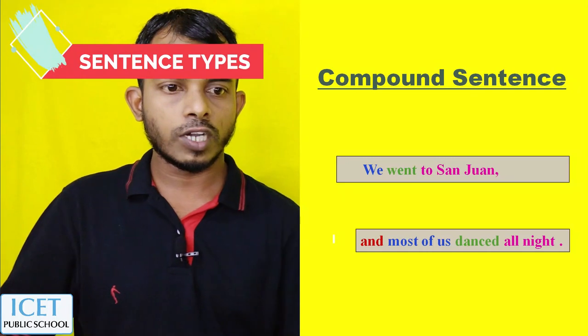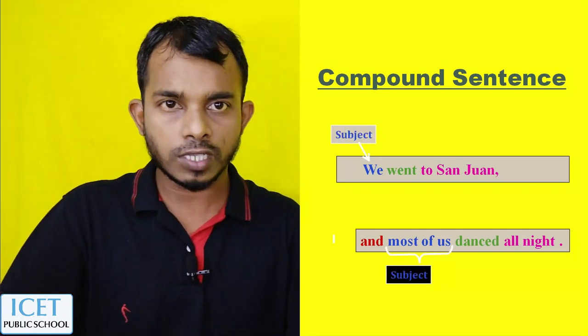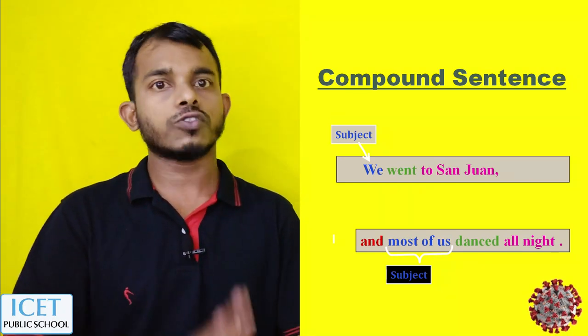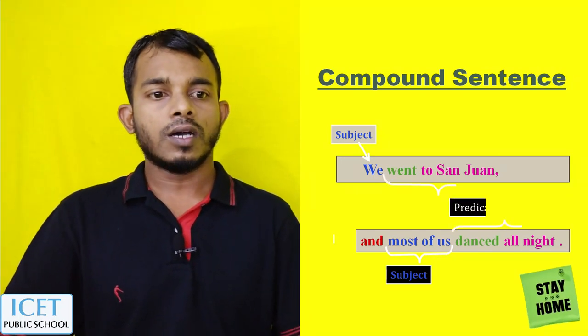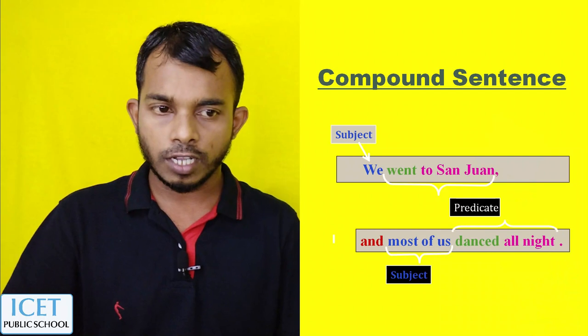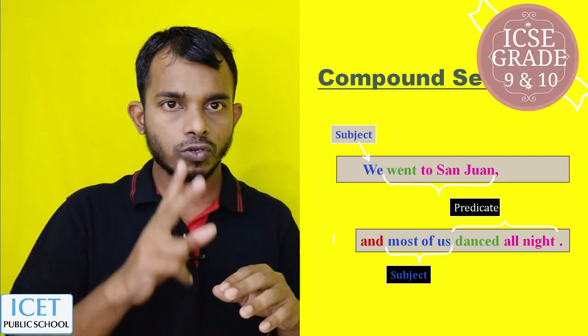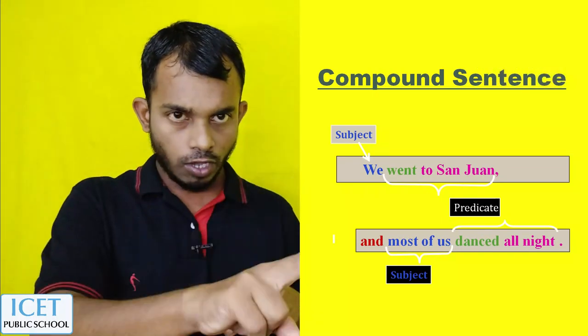I will tell you what this is. There are two subjects. One is we, which is the subject. Most of us is also a subject. Then went to St. John is a predicate, and danced all night is also a predicate. So in a simple sentence we will have only one subject and one predicate.